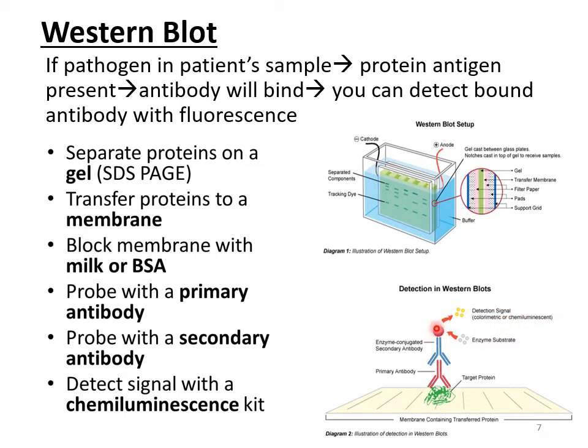And so that will allow you to see whether or not your antibodies bound. Again, if they bound to this membrane, then that means your patient's infected and their body has the bacterial or viral protein antigen present. If they did not bind, then there's no matching antigens for that suspected infection. Okay.